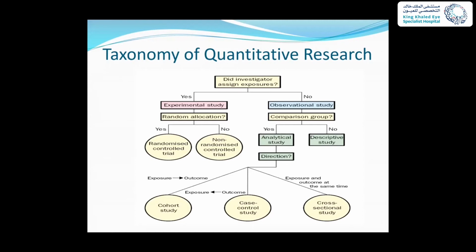So if I select my participants on their exposure status, my study design is a cohort analytical observational study. If I select my patients based on their disease status, whether present or not, my study design is a case control analytical observational study.